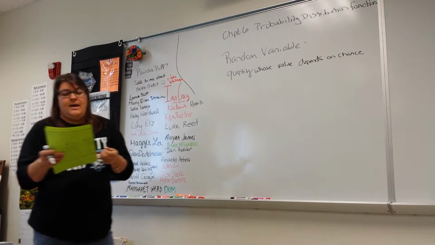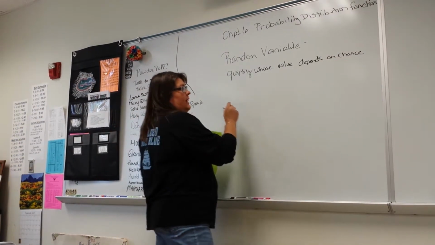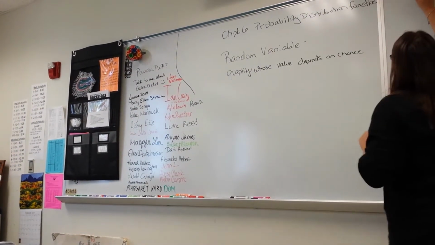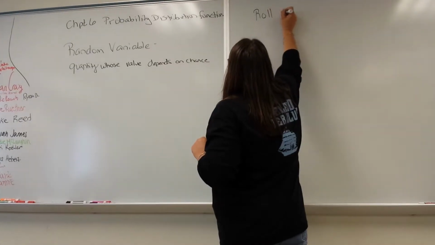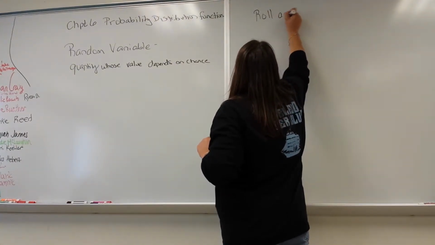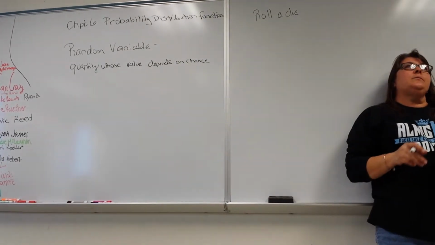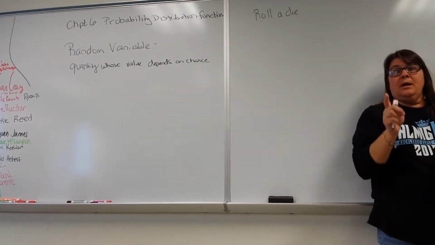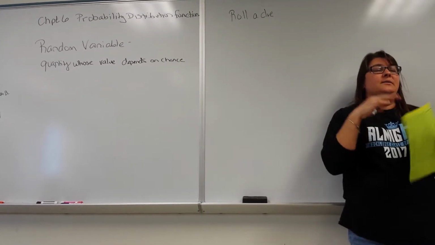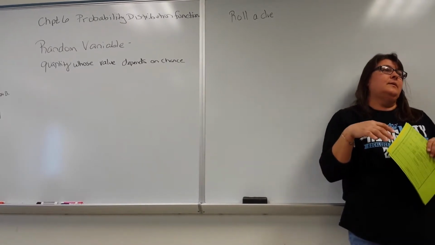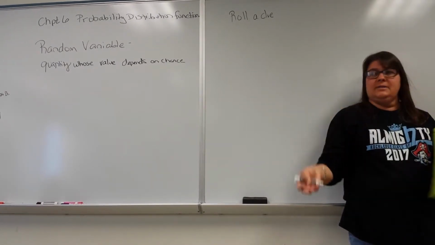Okay, so let's talk about rolling a die. I'm going to teach you how to make a probability distribution function. Important with probability distribution functions, number one, is that you state the experiment that you're trying to test.